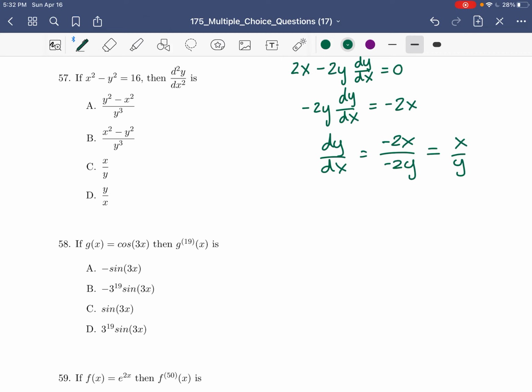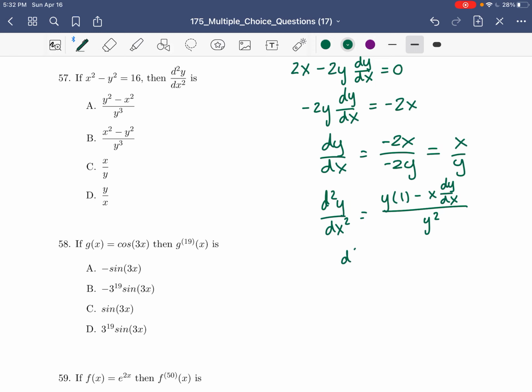But now I need to take the derivative of this again. So I'm going to need quotient rule. So my second derivative, low d high, derivative of the top is 1, minus high d low is dy dx, all over the square of what's below, so y squared.